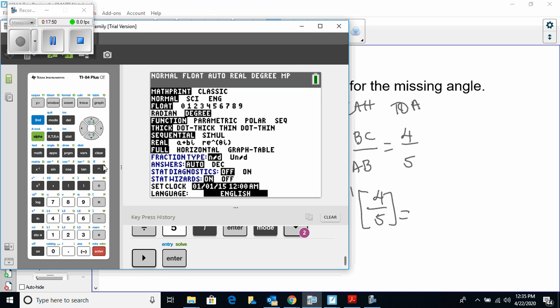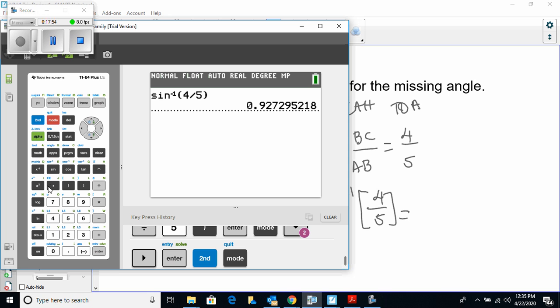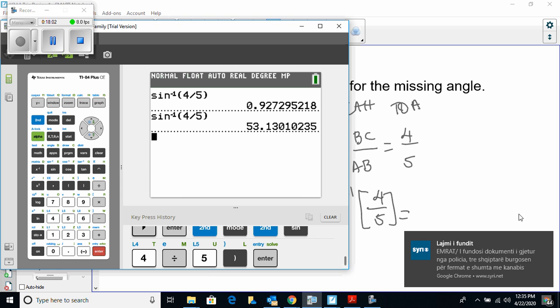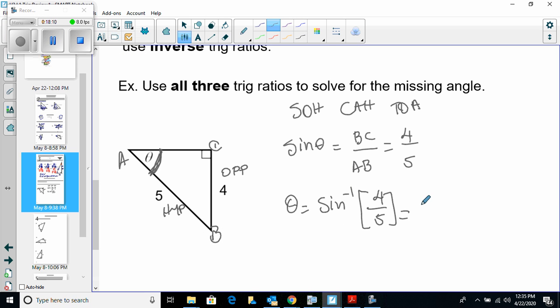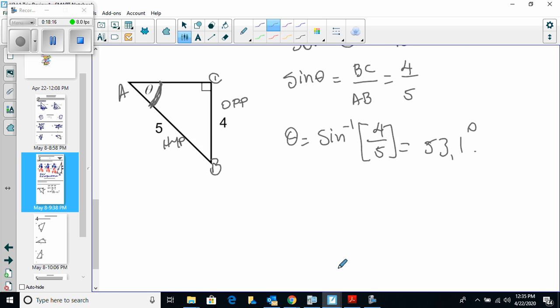Okay, so now we quit from here, and we press again second function sine 4 over 5, enter, and the angle is 53.1. So the angle is 53.1 degrees.